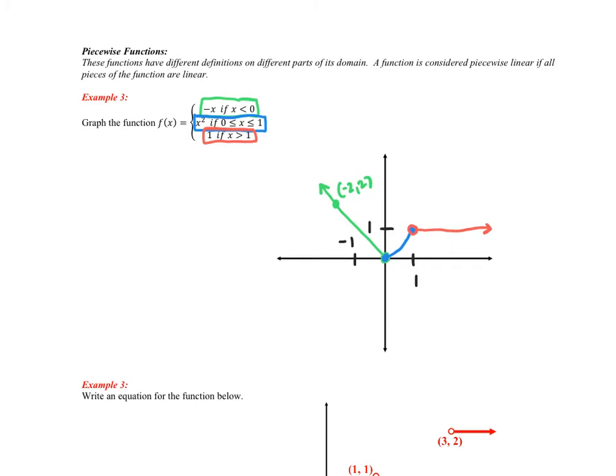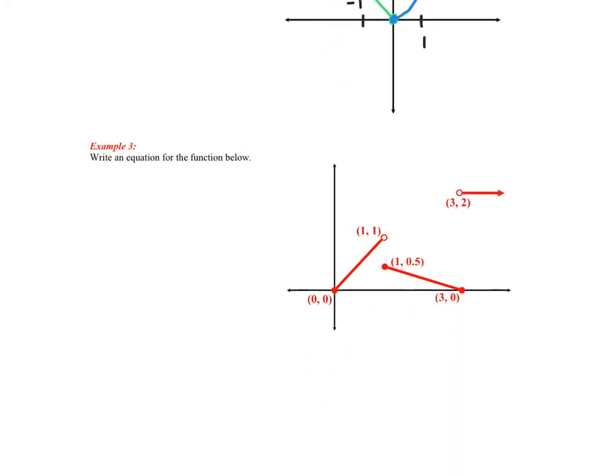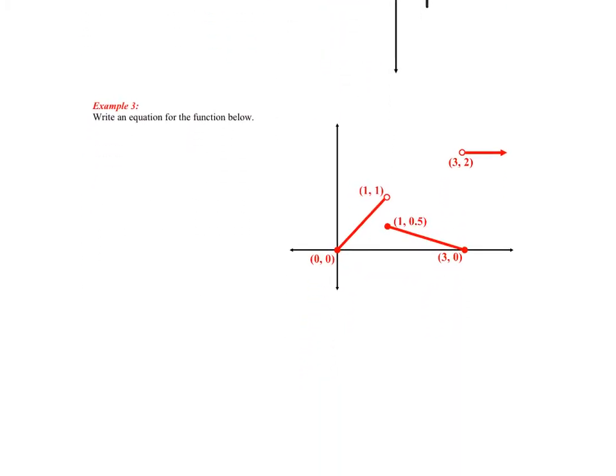Let's look now at writing an equation for an already constructed piecewise graph. So this equation, which I will call g of x, is going to have 3 portions to its piecewise function. Let's write the domains first. Looks like on the first portion of the graph, our domain is going to go from 0 to 1, including 0, not 1.